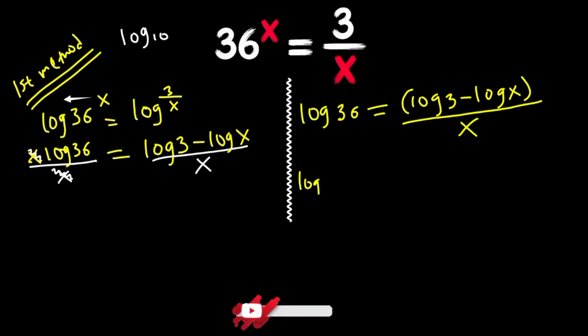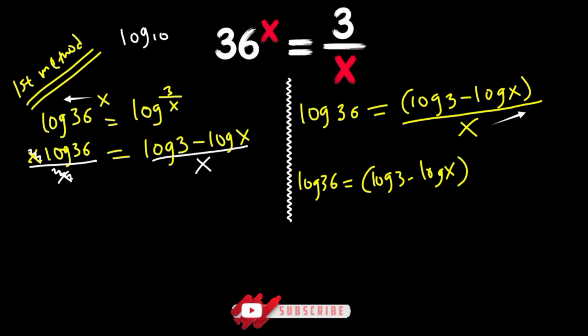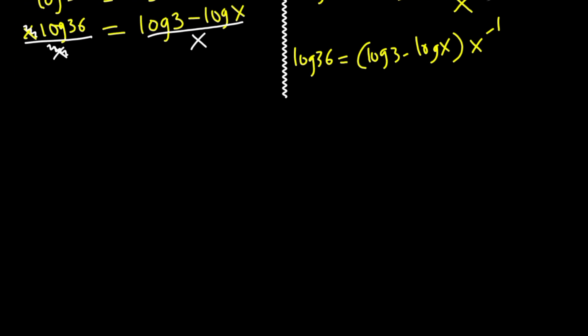So we say log 36 equals log 3 minus log x, divided by x. And guys, we can rewrite this denominator as x to the power of -1. So moving further, we would say log 36 equals log 3 minus log x.